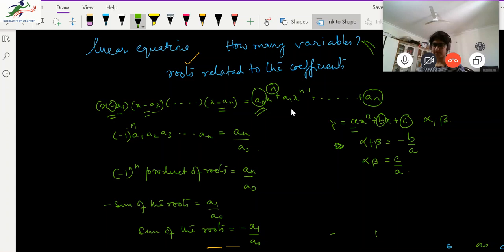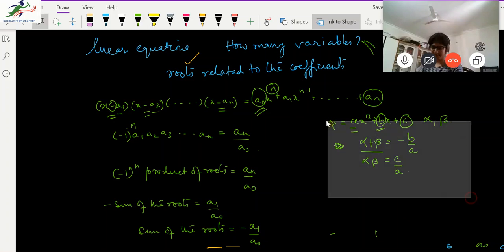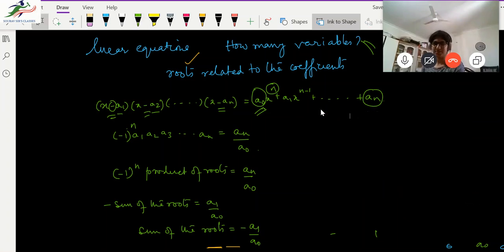So if it is quadratic, alpha plus beta would be... Okay, let me repeat this. If it is a quadratic equation, generally of the form y equal to ax square plus bx plus c, right?